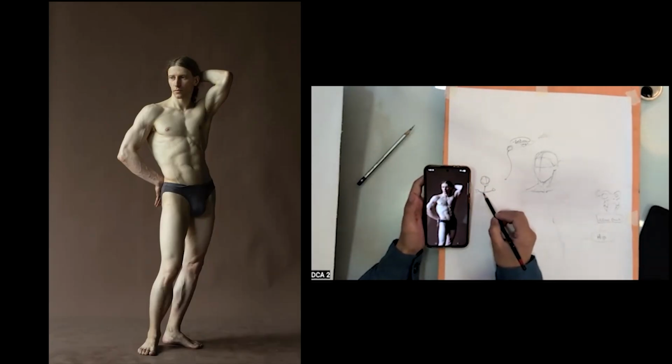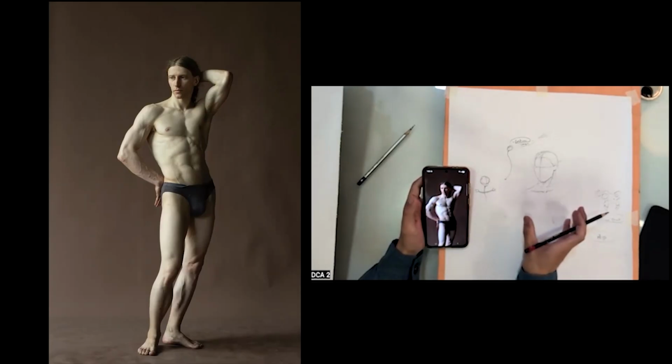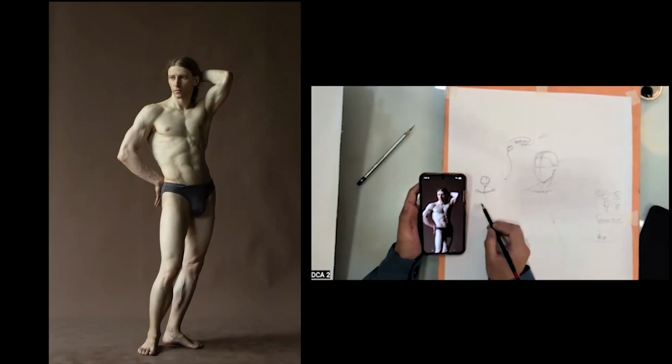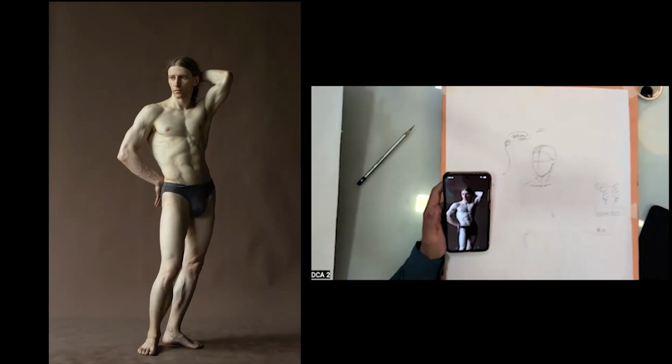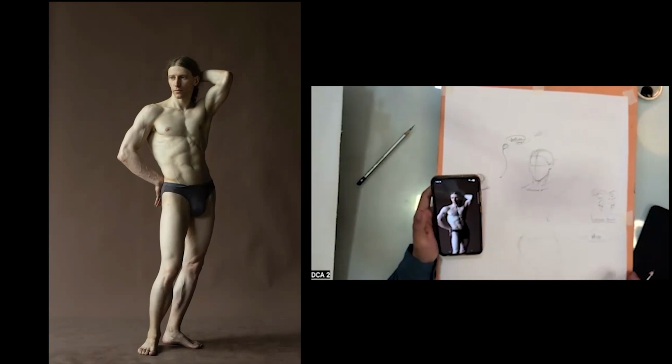For example, if I make it more curved, that means my reference or the model is moving, the hands are a little bit on the upper side. Now, if the clavicle bone is on the lower side, that means the model or the reference is at rest. So it's important to try to see a little bit deeper into that.